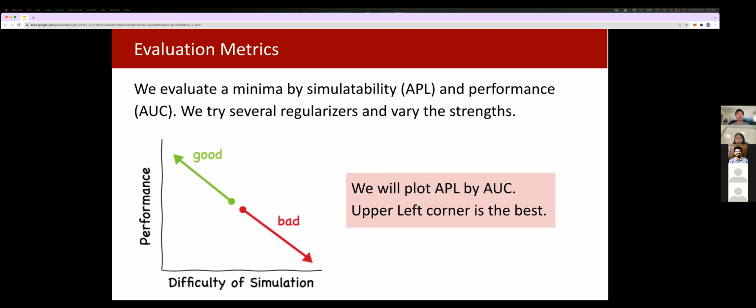Okay, so then the evaluation metric that we care about is, one, we care about highly performant models, right? And by that we can measure something like area under the curve. It's a binary classification task. It's just every time step, are we giving yes or no? And the second thing we care about is being simulatable. And beyond using average path length as a regularization term, here we also use it as a metric to compute simulatability.